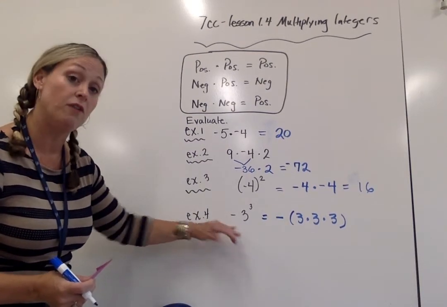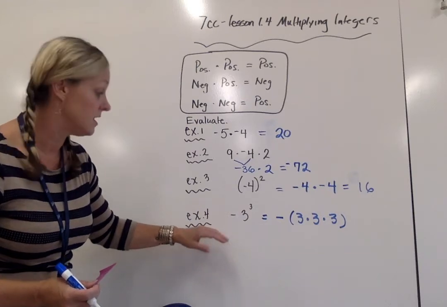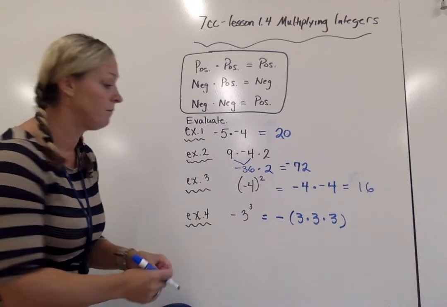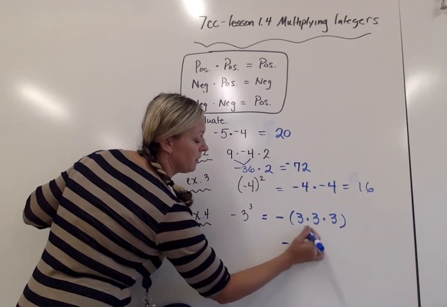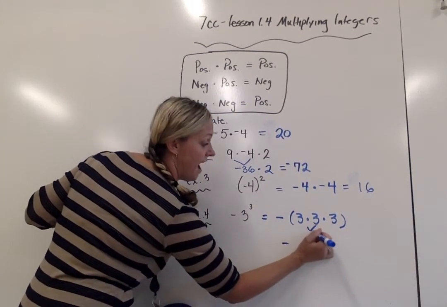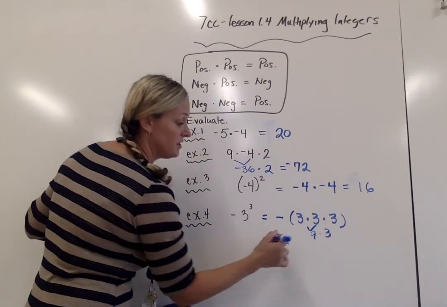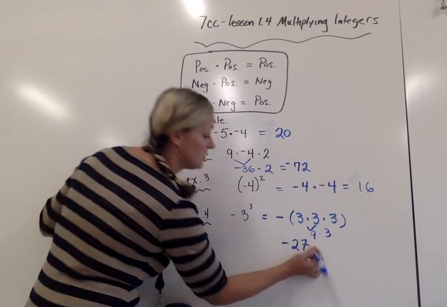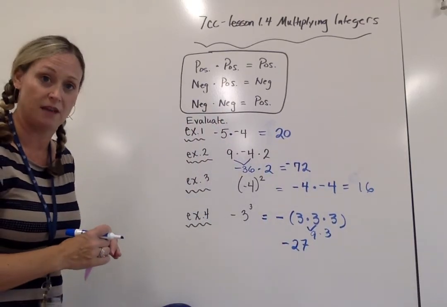In example 4, the negative is not within the parentheses, therefore I'm finding the opposite of 3 to the third power. So if I multiply 3 times 3, that's 9. 9 times 3 is 27. That negative represents the opposite of 27, so my answer ends up being negative 27.